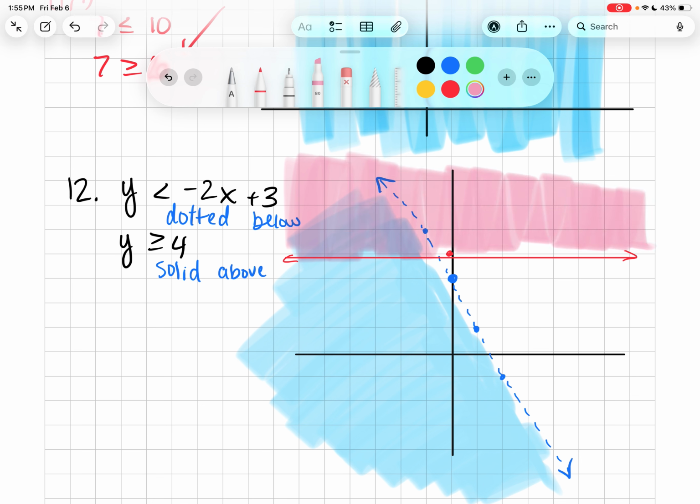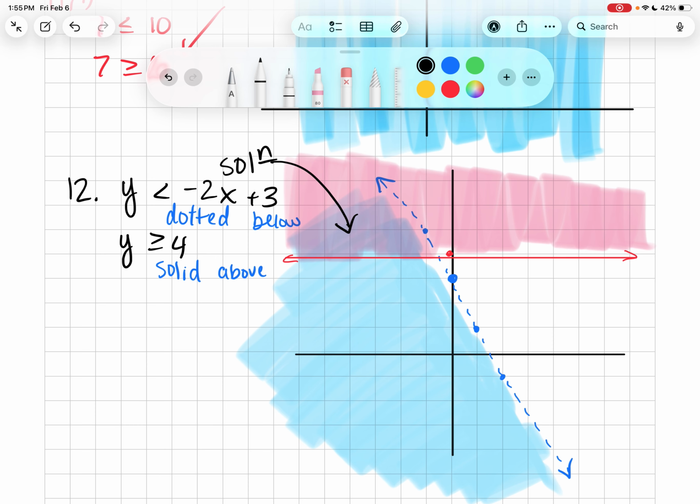So this area in here where the colors are overlapping is my solution. Now, obviously, I could have kept shading my blue up here if I wanted to, but we don't need to make our graph excessively large.